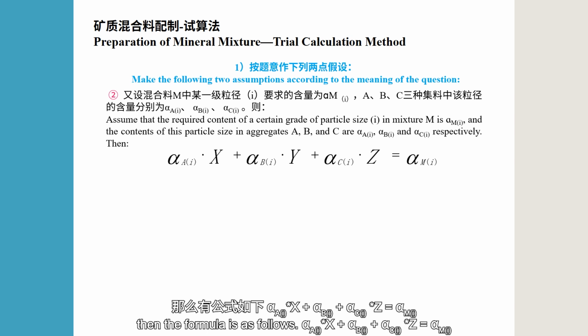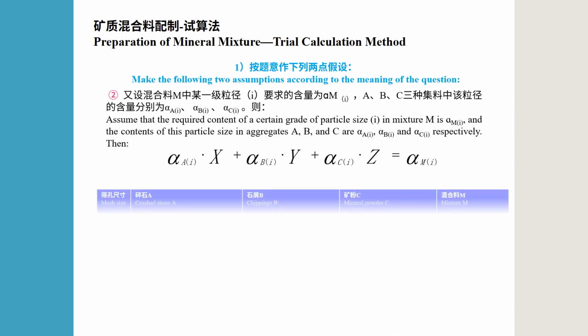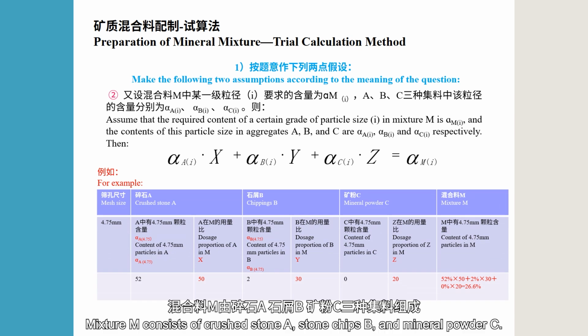Alpha AI times X plus alpha BI times Y plus alpha CI times Z equals alpha MI. For example, mixture M consists of crushed stone A, stone chips B, and mineral powder C.